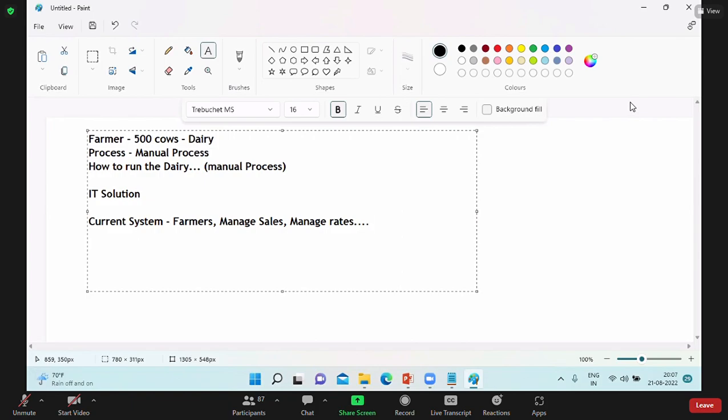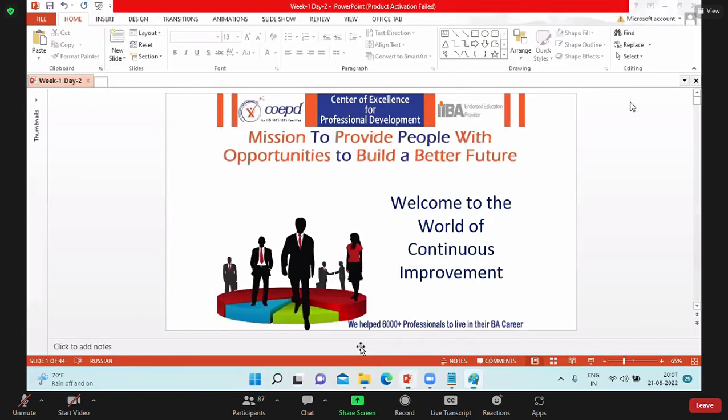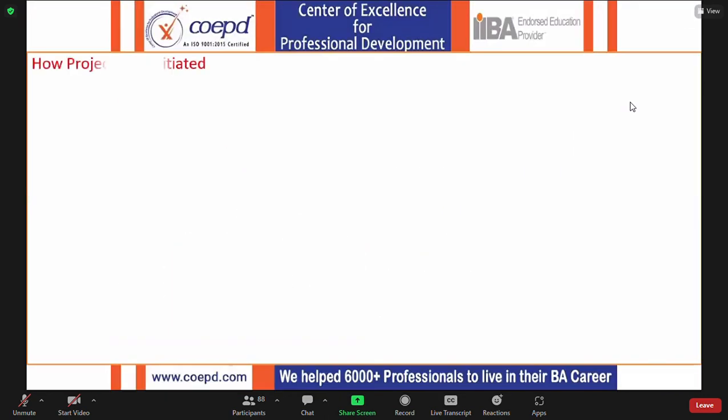So he will put all these inputs into a document called an RFP. That means a client is now looking for a need. The need is that he wants an IT solution to replace his manual process.